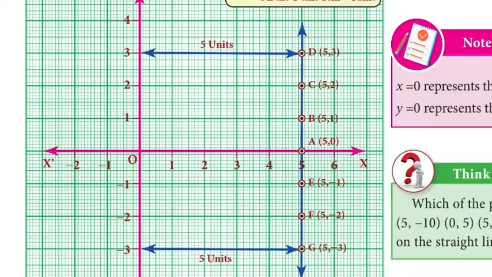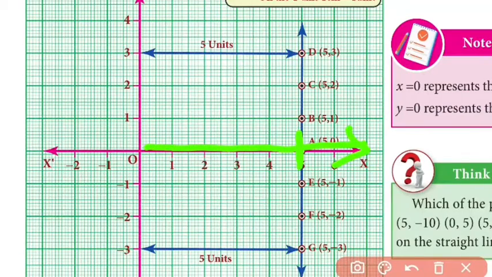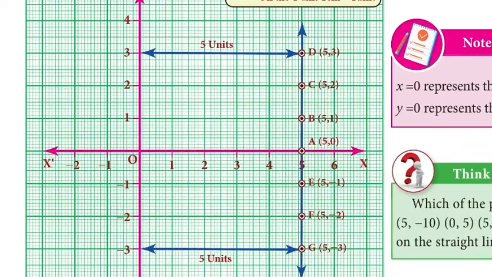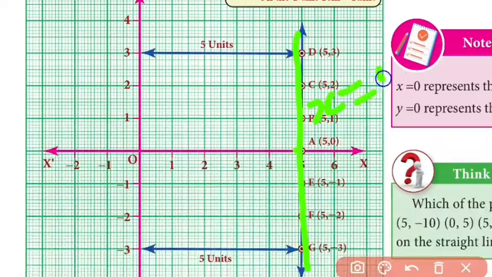To identify and draw x equal to 5, you take x value 5, where it is, in that line, here only. This line is parallel to the y-axis, we draw the line. So this line is called x equal to 5. We draw a line through the x equal to 5 point. This line is called x equal to 5, okay.